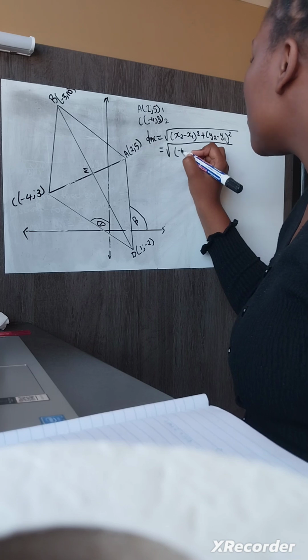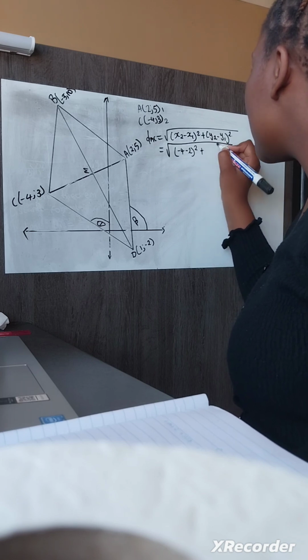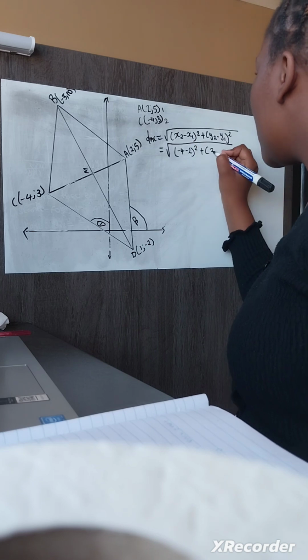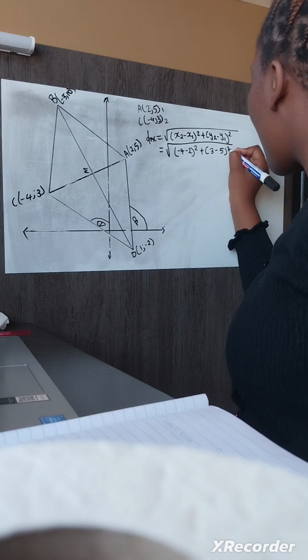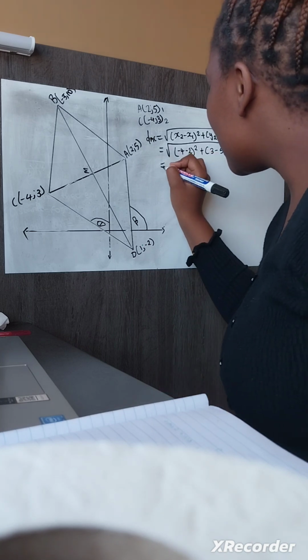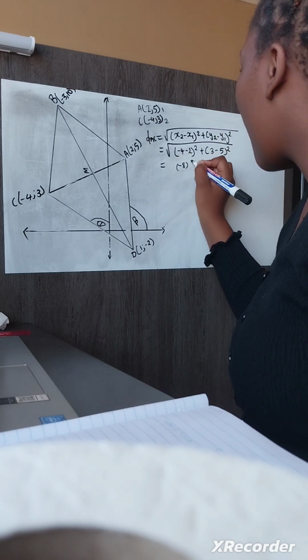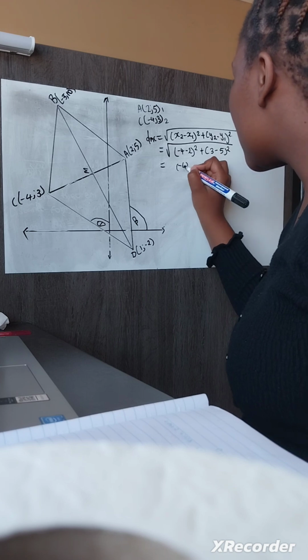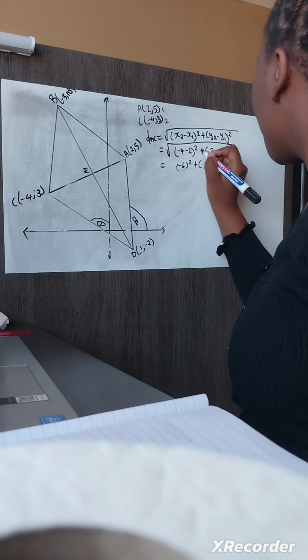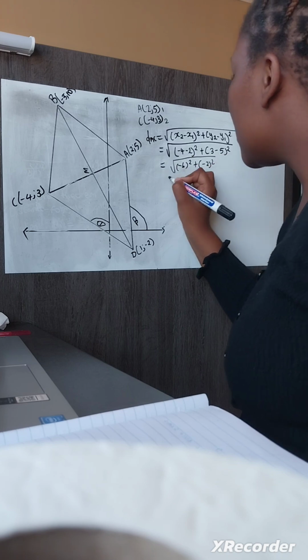I have (-4 minus 2) squared plus (3 minus 5) squared. So here I'll have (-6) squared plus (-2) squared, all in the root sign.